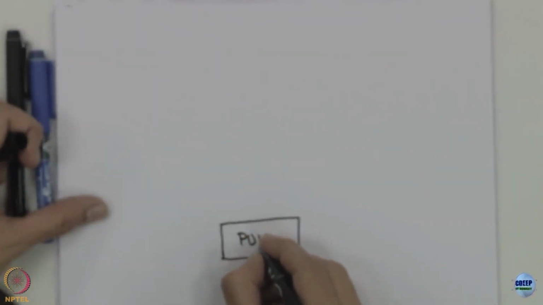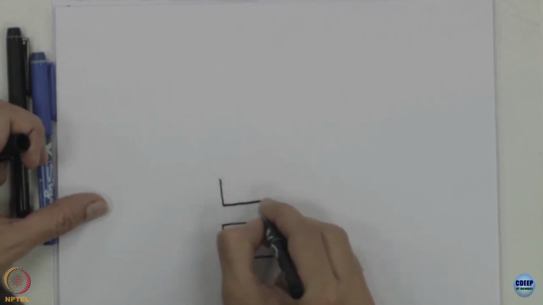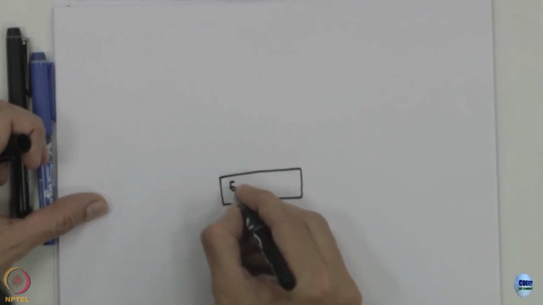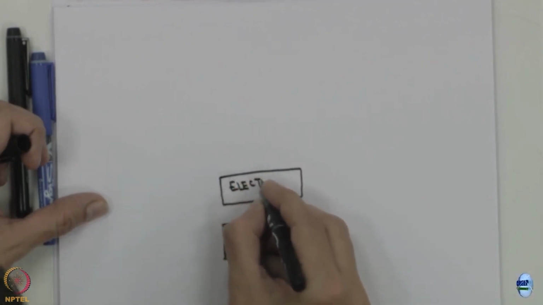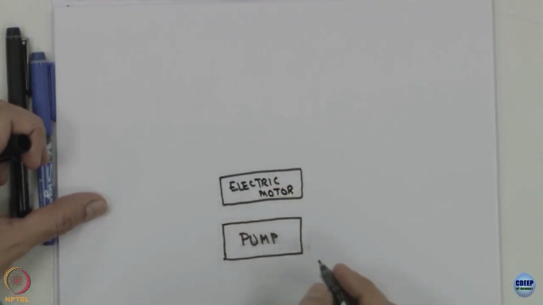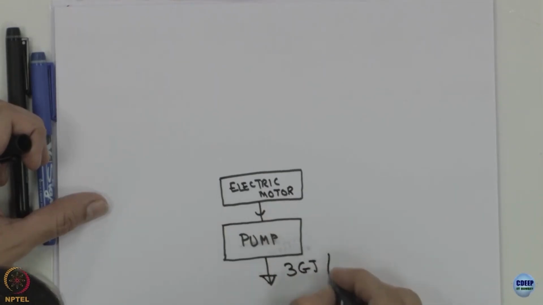We will start with the pump, and before that will be the electric motor. This is the useful energy output, which we are given as 3 gigajoules per year.